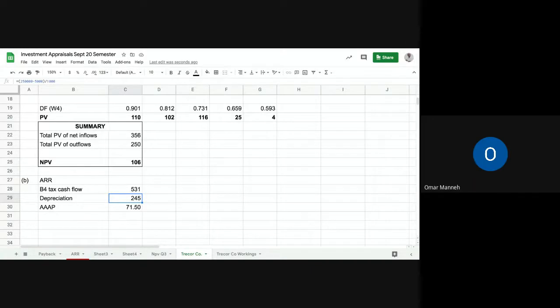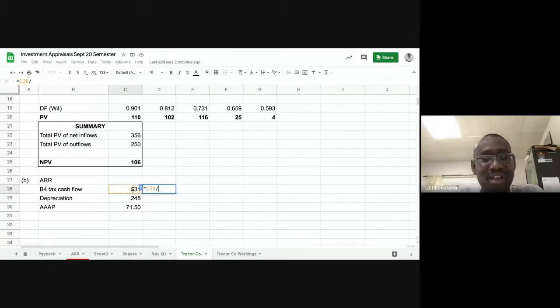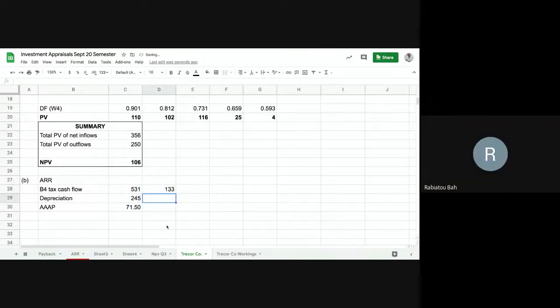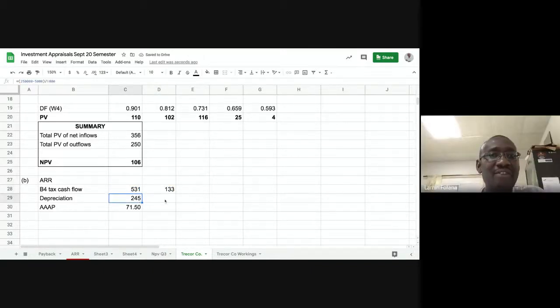Yes, I think based on the terminology, it should be average, like sum everything. And if you do it that way, will you have the same answer? Yes, you will have the same answer. Let's prove it, Rabia. Let's have our average accounting profit divided by 4. Let's have our average depreciation divided by 4.